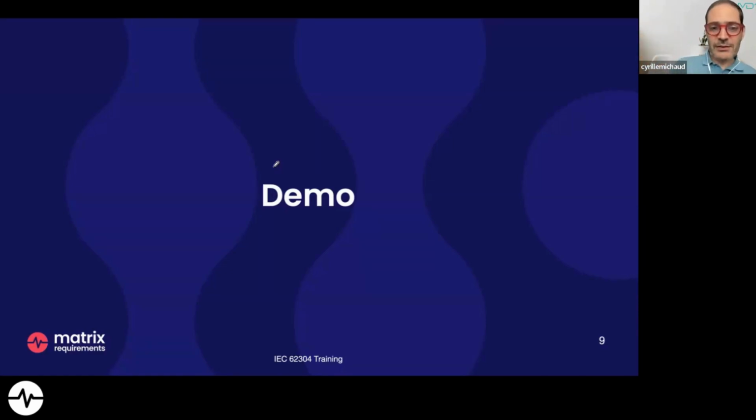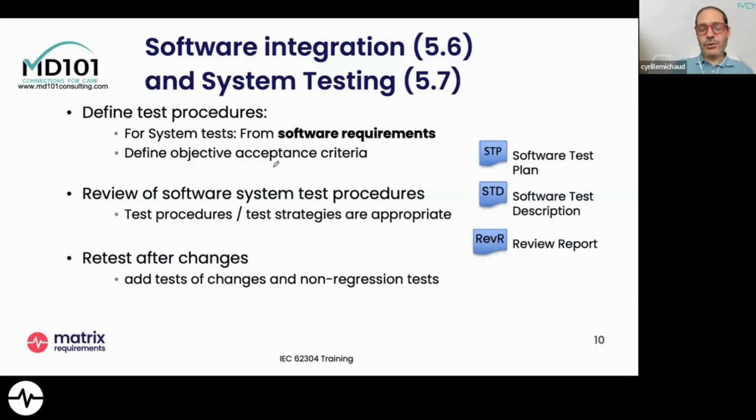We retrieve exactly the same pattern here in software integration and software system testing. So here the language used by the standard is a bit different, but behind the scenes, it remains the same principles. Defining test procedures, so the VER items that we have in Matrix, with the objective acceptance criteria.